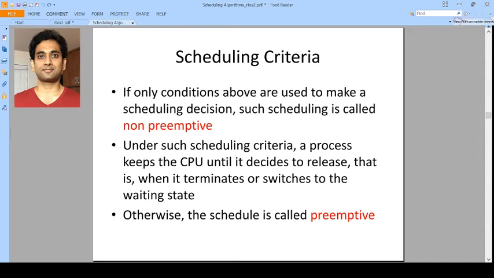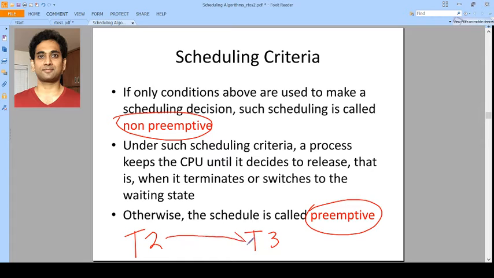And then scheduling criteria can be either preemptive or non-preemptive. In other words, if a task T3 is currently running and T2 has a higher priority, and it can kick out task T3 from the running state and take its place, then such a system is called preemptive.